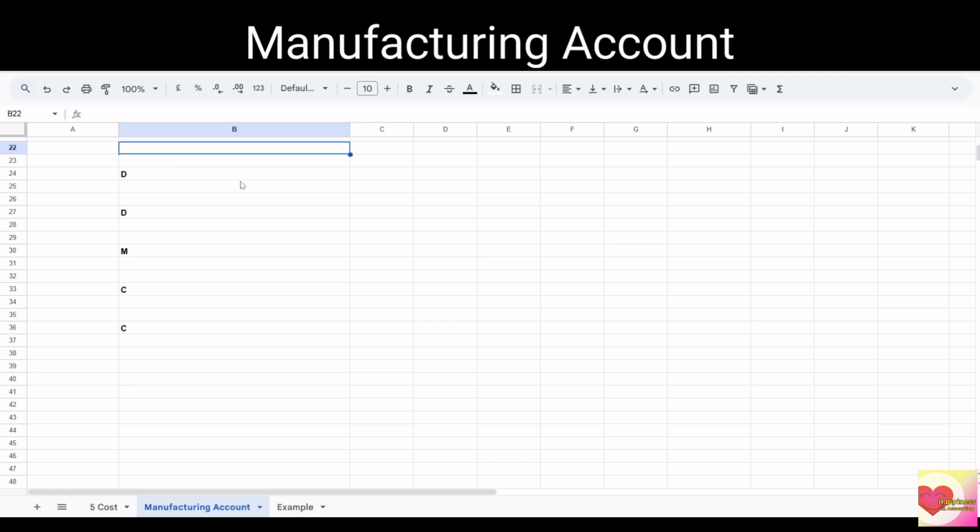Second, three of them have opening and closing inventory, which are the first and the last two.